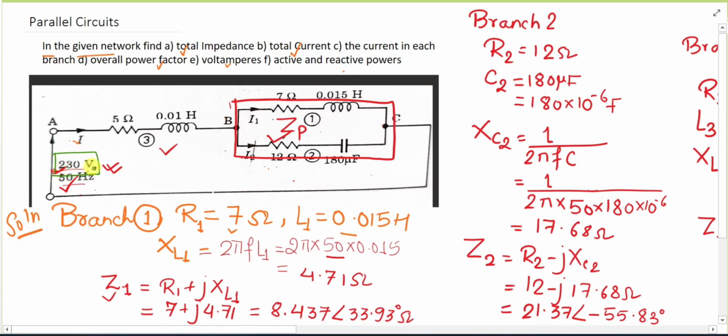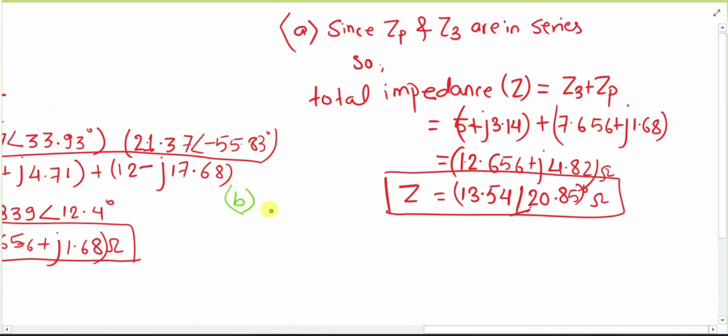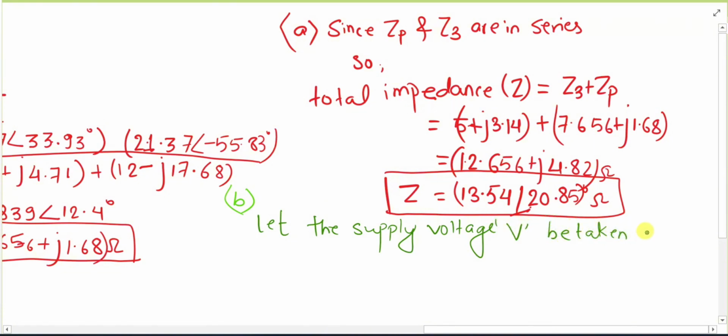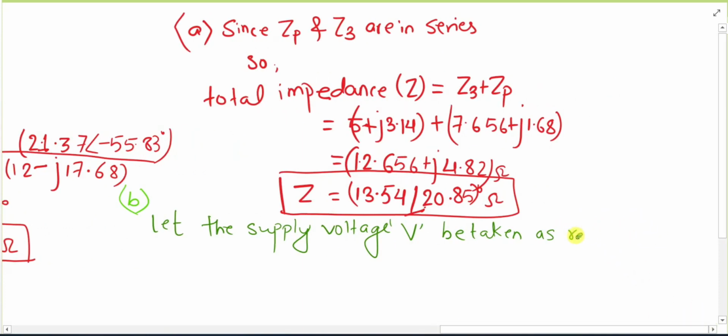The first thing we can do is assume, let the supply voltage be taken as reference. Since we are not provided any angle, we assume that it will be our reference phasor.